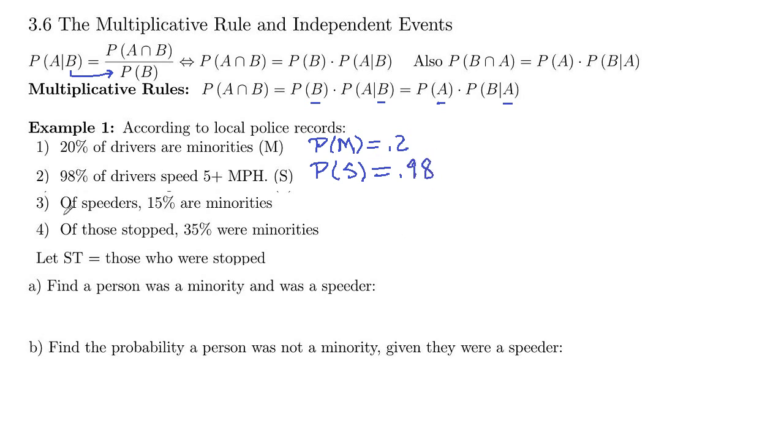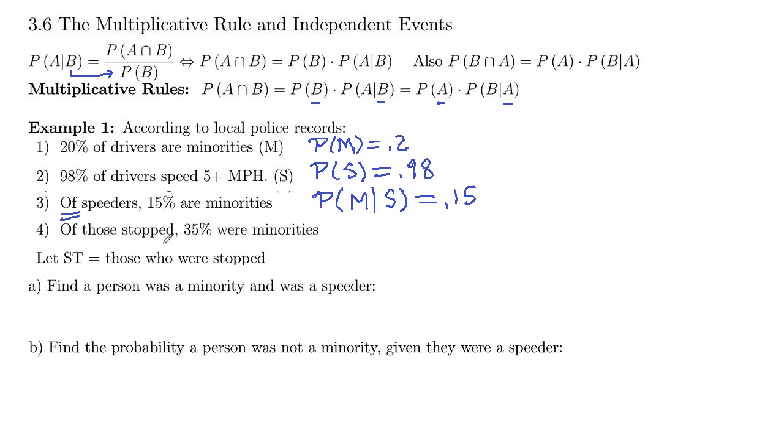And of the speeders, 15% are minorities. So it's given that they're a speeder, vertical bar S, and out of those speeders, 15% are minorities. So this is M given S, minority given speeder, 0.15.